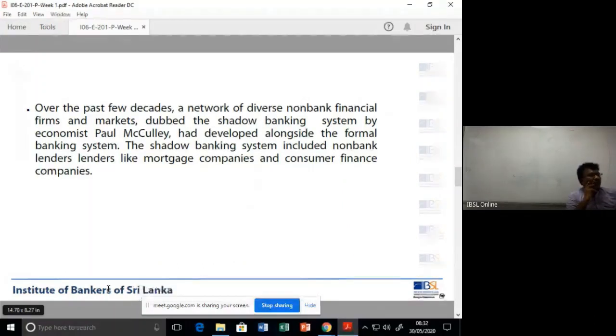Let's read. Over the past few decades, a network of diverse non-bank financial firms and markets, dubbed the shadow banking system by economist Paul McCulley, had developed alongside the formal banking system. The shadow banking system included non-bank lenders like mortgage companies and consumer financing companies. Non-banking financial firms have developed along with commercial banks. But since the shadow banking system is less regulated, it started to grow.